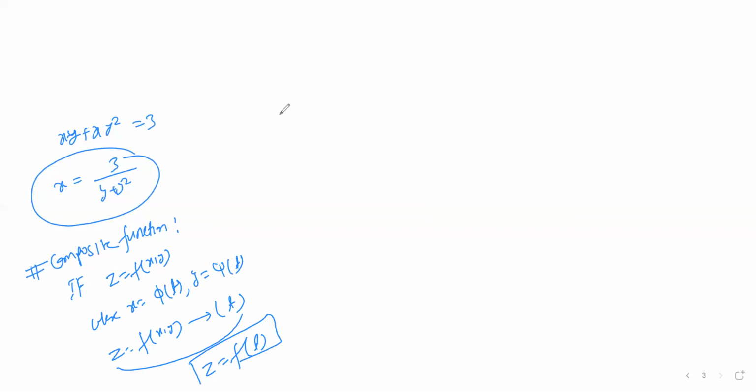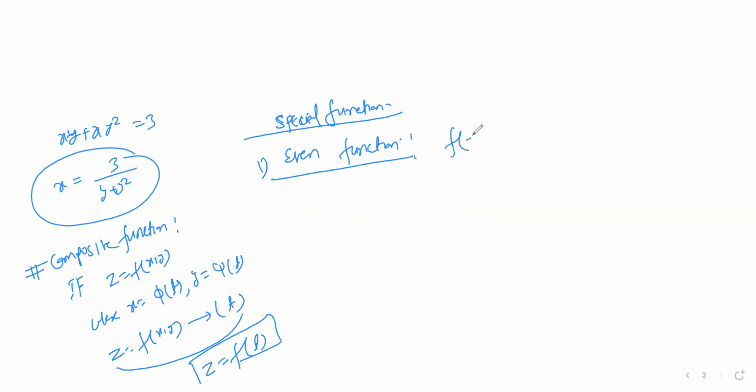Next, we have the special functions. Like if it is given an even function, how do you identify that? For the even function, if f of minus x becomes f of x, that type of function is called an even function.